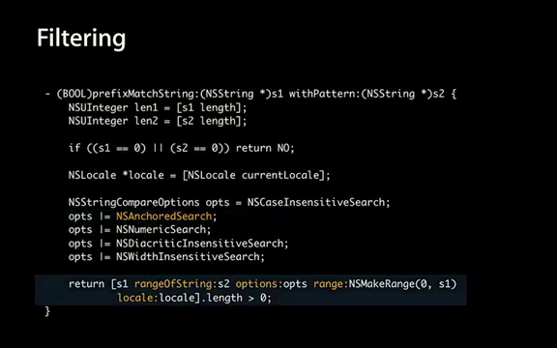And using the option, you can do the prefix matching: range of string, options, range, locale. And if there is a match, you can determine if the prefix matched. Of course, NSString has a nice method for prefix matching. So whenever you need to, you can use the method provided by NSString.